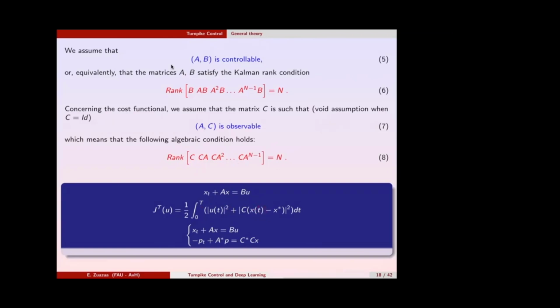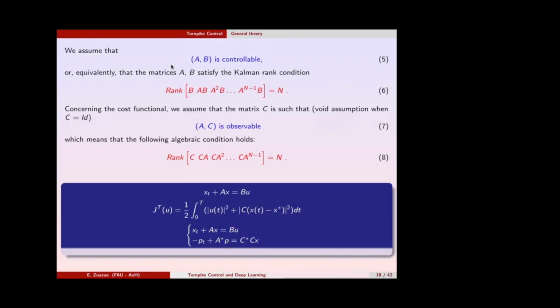Why? Well, because we have seen that if C is equal to 0, if you don't penalize the state at all, like in the heat equation, you don't get the Turnpike. You need to penalize the state enough, right? And what does it mean to penalize the state enough? It means that the C operator that you are getting here in the adjoint equation will play the same role as B does on the state equation for the controllability property.